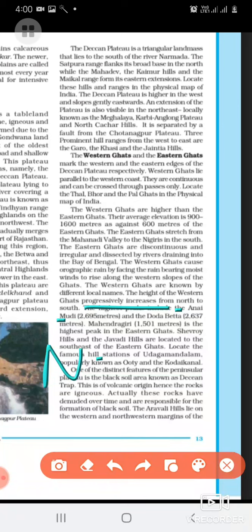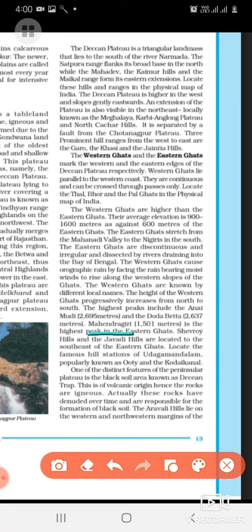The highest peaks include the Anaimudi, which is about 2695 meters, and the Doda Betta, whose height is 2637 meters, and the famous hill station of Udagamandalam, popularly known as Ooty.